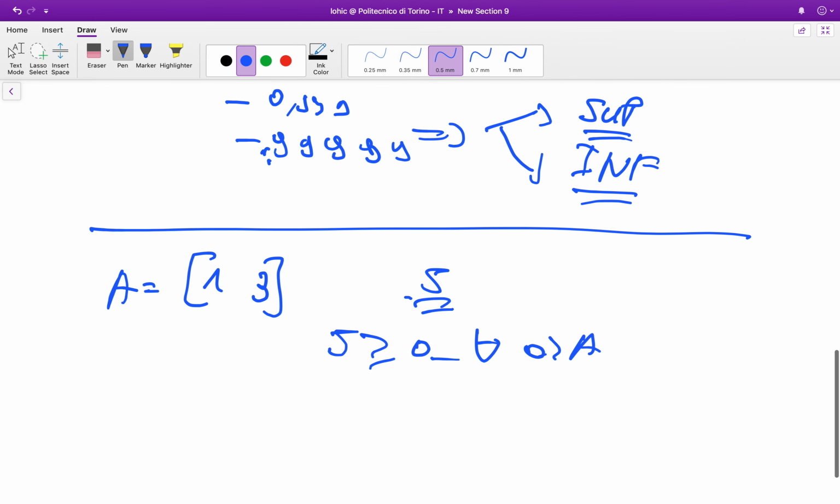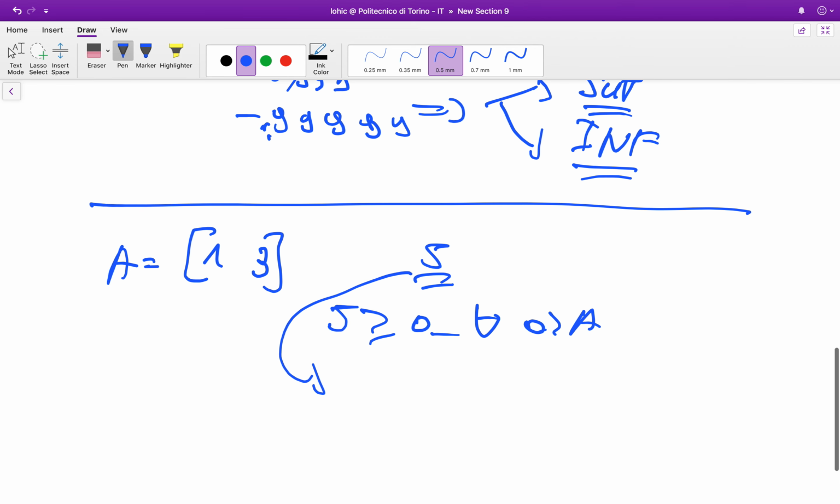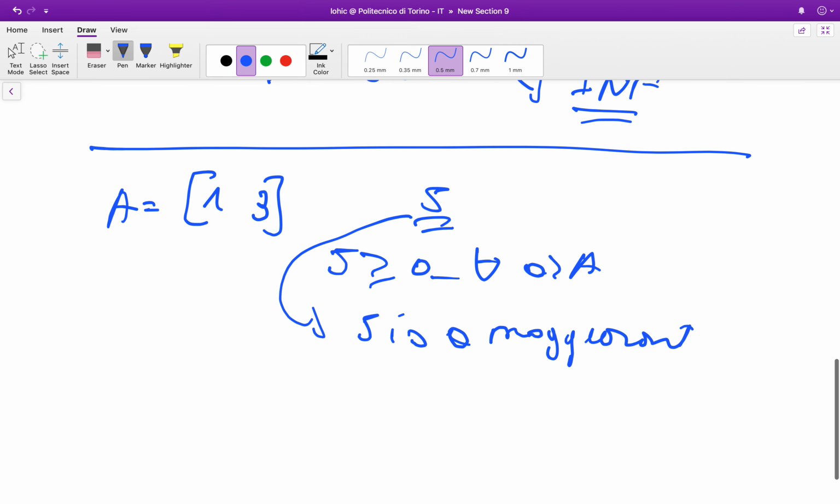So when an element is greater or equal than any element in the given set, we say that element is a majorant. So 6, for example, is another majorant for A. 10 will be another majorant, yes or not?